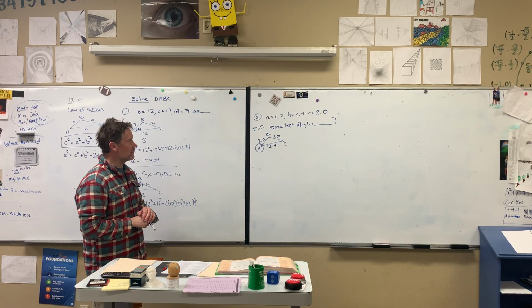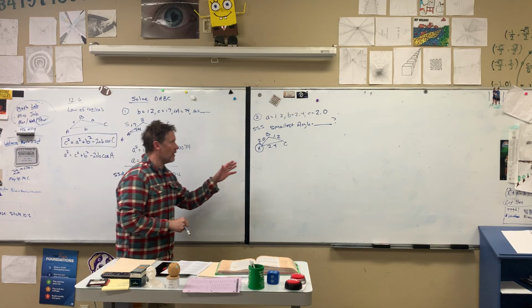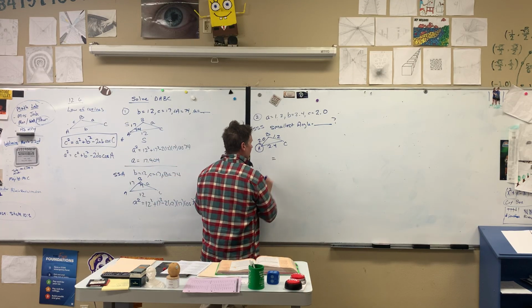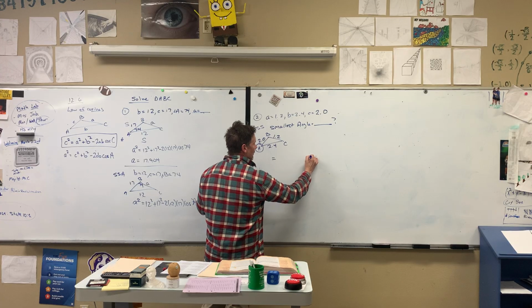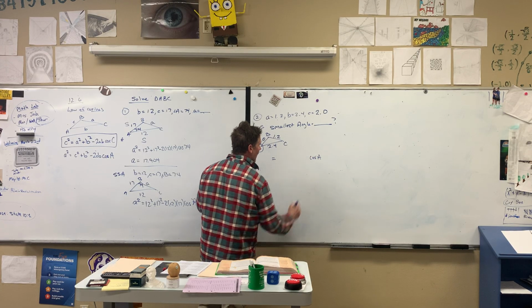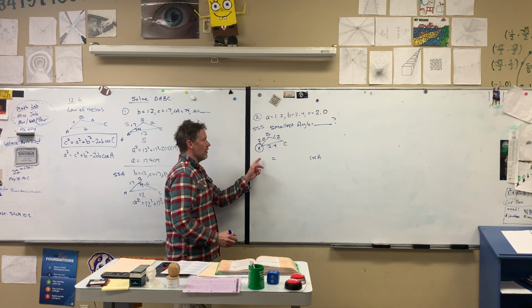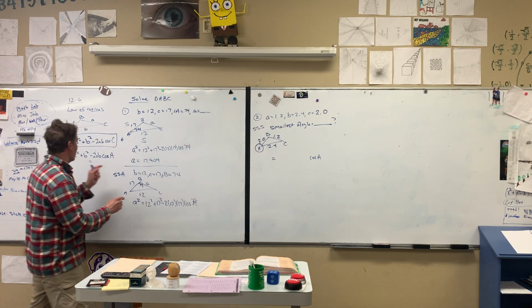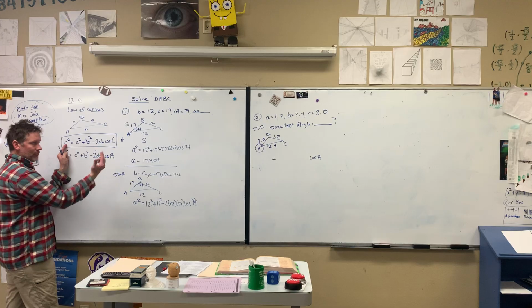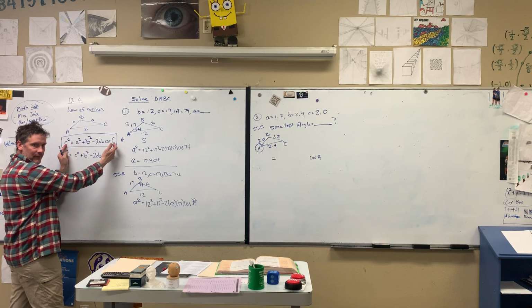So now we look at this, we say, okay, how do I solve this? Well, if I'm trying to find angle A, I'm going to set up the cosine of unknown angle A, I just need to figure out which letter goes here, right? Well, don't forget, in the law of cosines, whatever side is here matches the angle here, right?